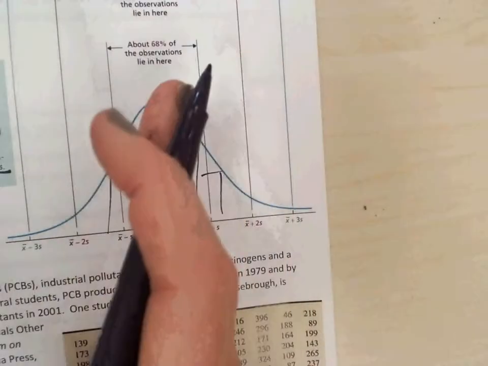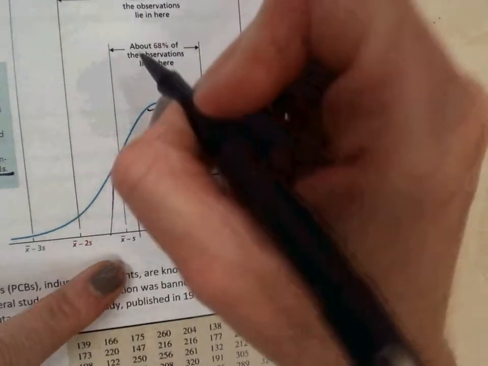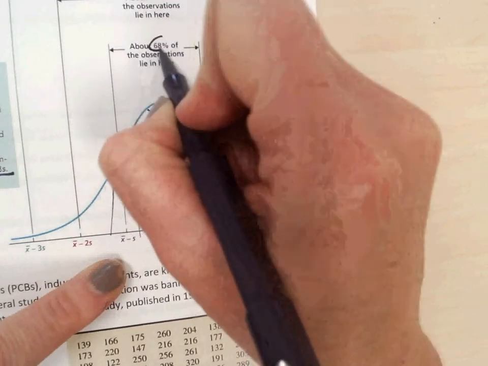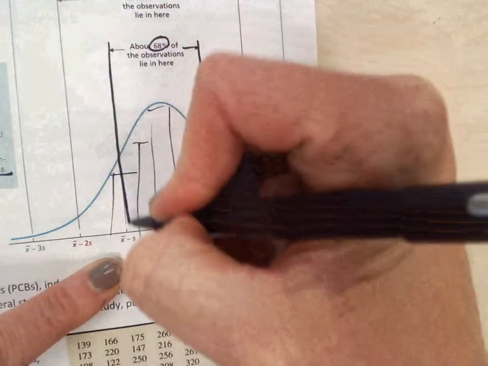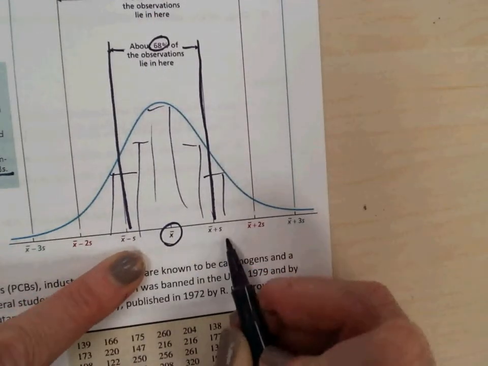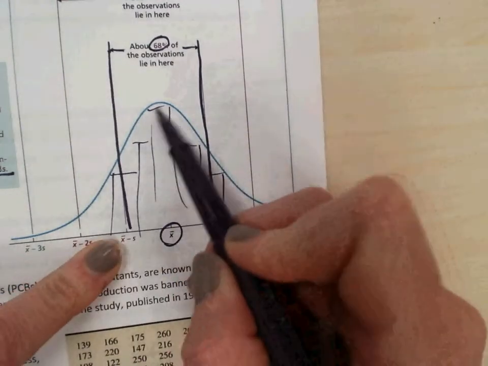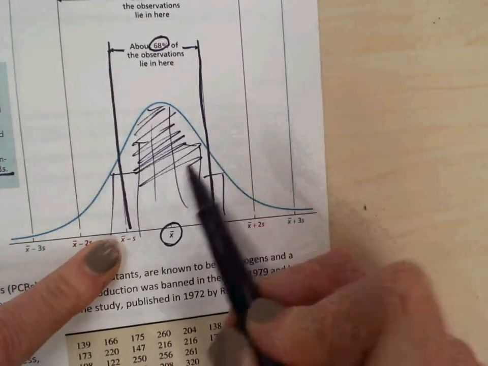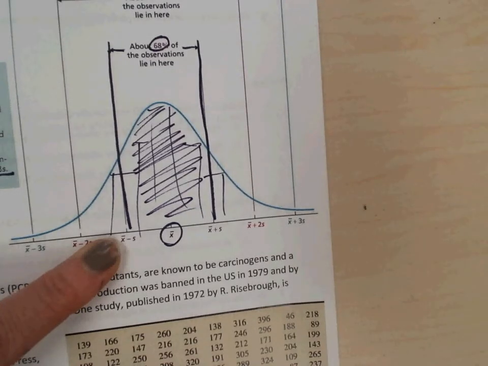The mean, median, and mode are all equal when we have a normal distribution. And you see the 68% right here is within one standard deviation of the mean. So here's the x bar, you add an s, subtract an s, and within this part of the curve we would expect to find 68% of the observations.